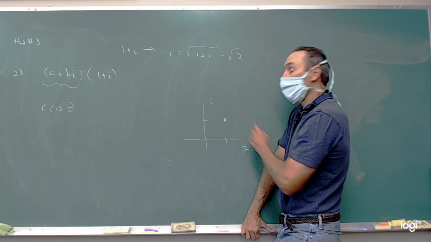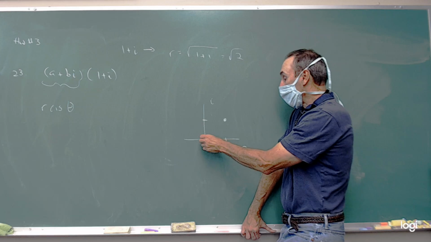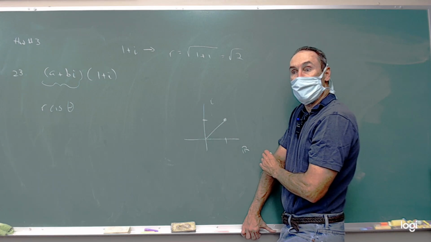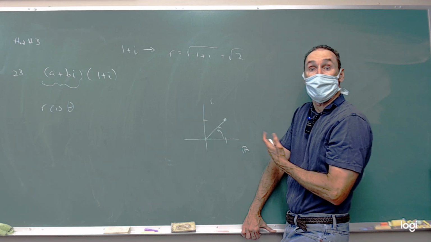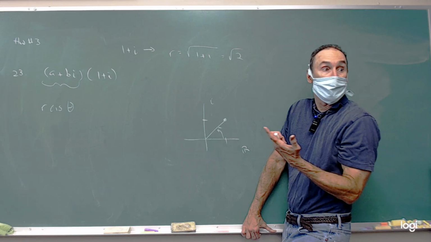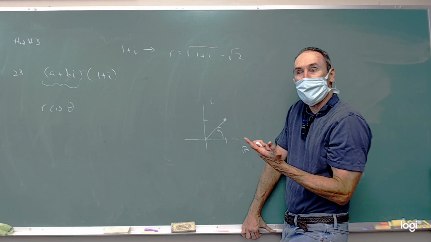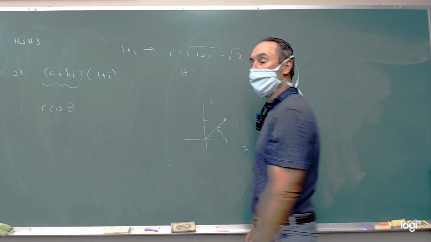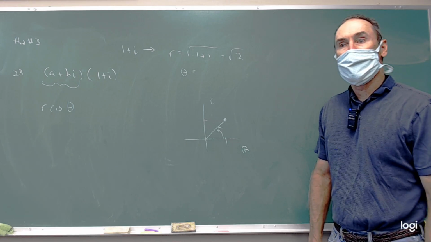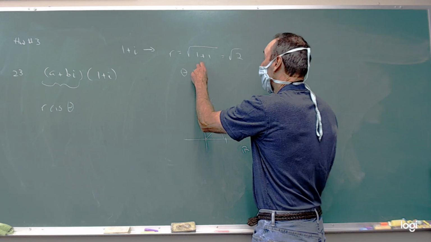There is your point, 1 plus 1i. Now, if you connect that, you can, at a glance, tell what that angle theta is. Pi over 4, 45 degrees. Any preference, radians, degrees? Radians. So we'll call it pi over 4.